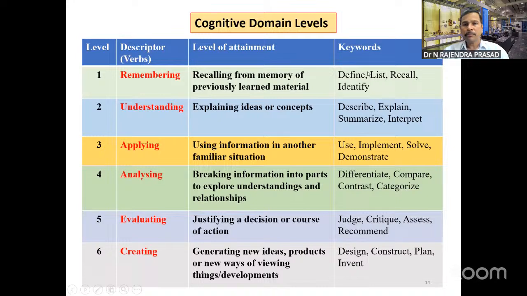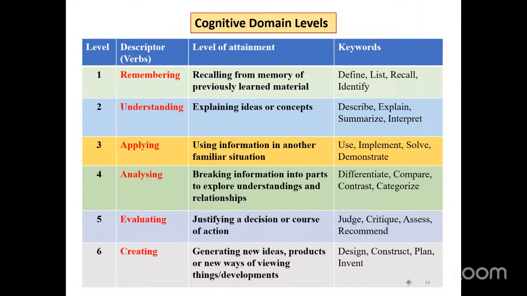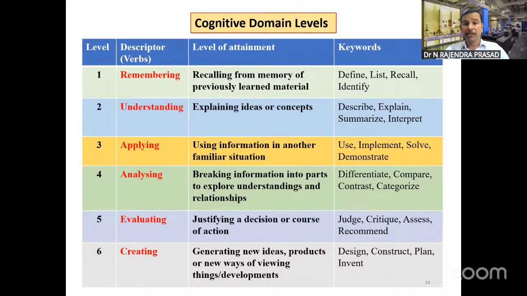The keywords I have given here are required to put the question. So what question you have to put? What should be the level of the question you have to decide?